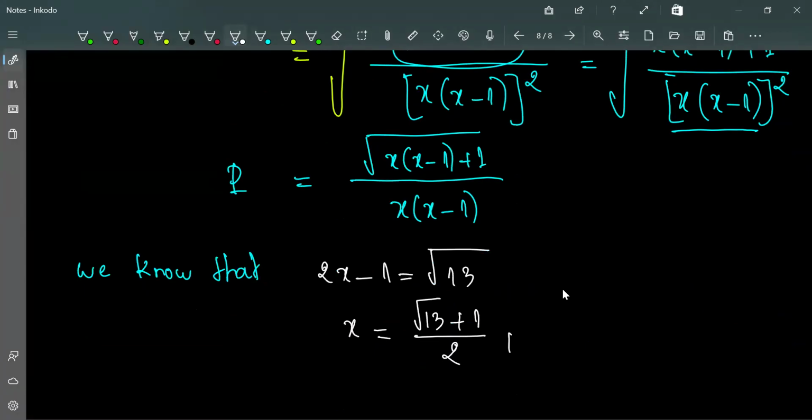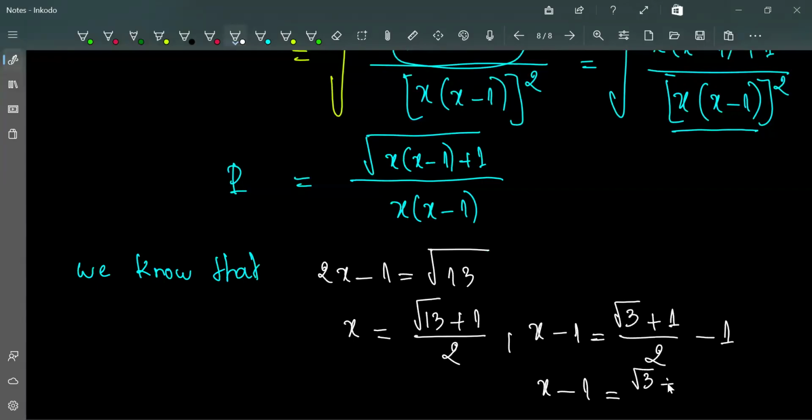And for x minus 1, it is square root of 13 plus 1 over 2 minus 1. So then x minus 1 is equal to square root of 13 plus 1 minus 2 over 2.